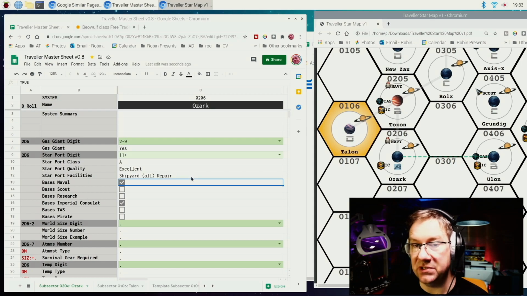And just one thing that's worth mentioning about starports in general is that they're usually separate from the planet or object where the main population is for your system. So in Toxon, for example, it was a Class B, which is a really good grade of starport.